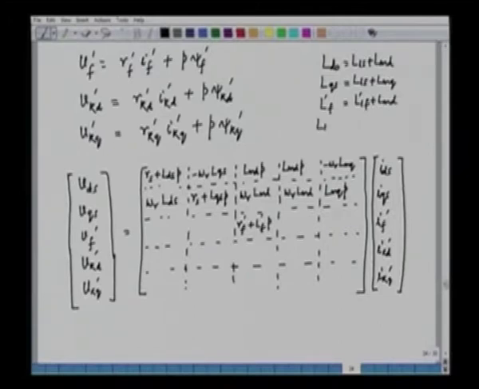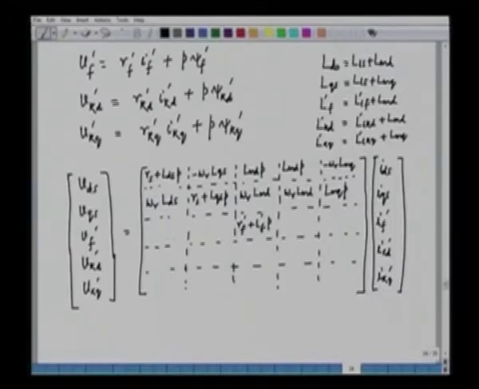Similarly, we can have LKD prime, that is the D axis damper inductance, that is equal to LKD plus LMD, and LKQ prime is the Q axis damper inductance, that is equal to LKQ plus LMQ.